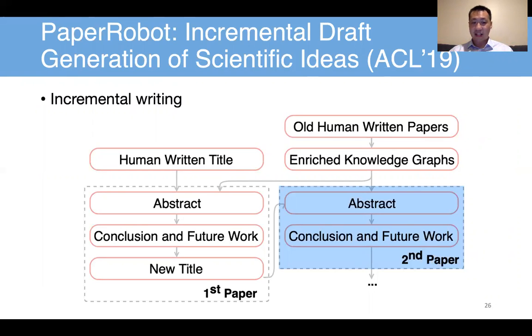Humans first write a title and then do reading. They collected the old human-written papers, right? You get a title because you are interested in something, and then you collect a set of the written papers and build a knowledge graph, probably in your mind, and then process the abstract and conclusion, and then think about what could be the new title of the second paper.